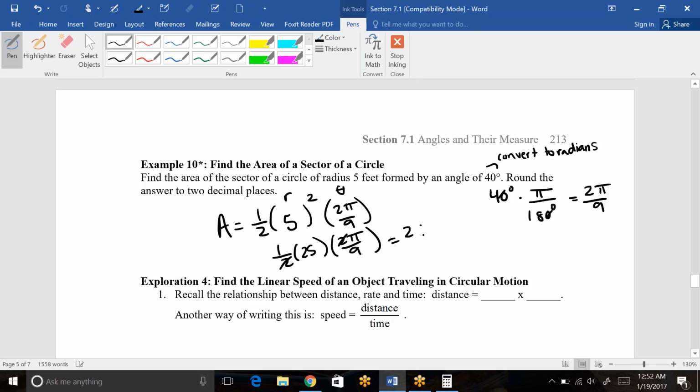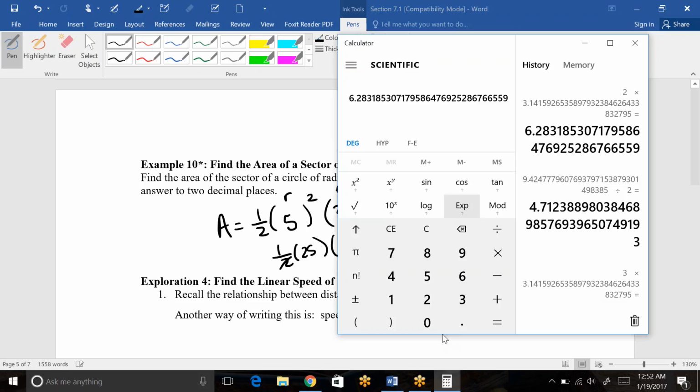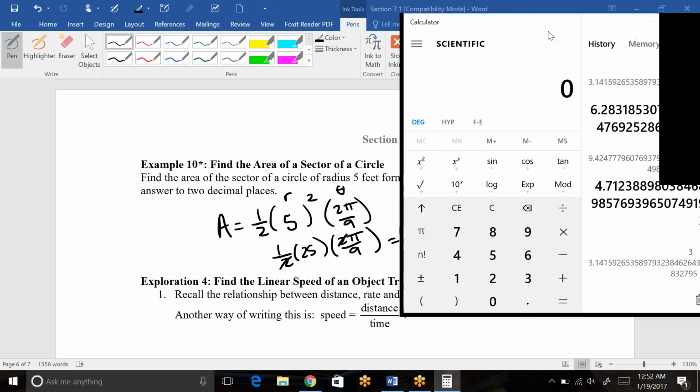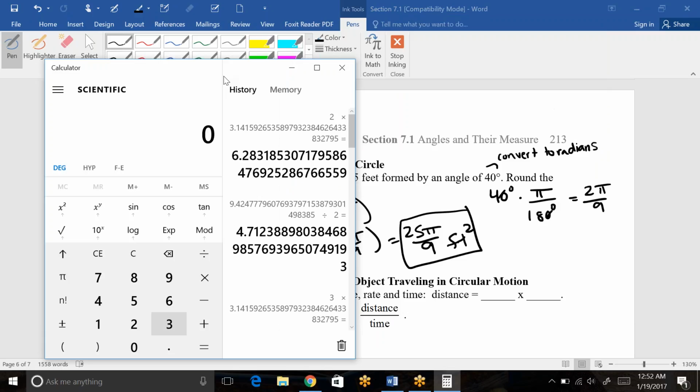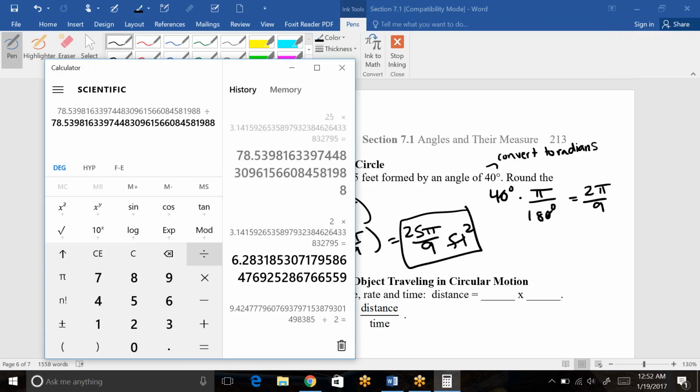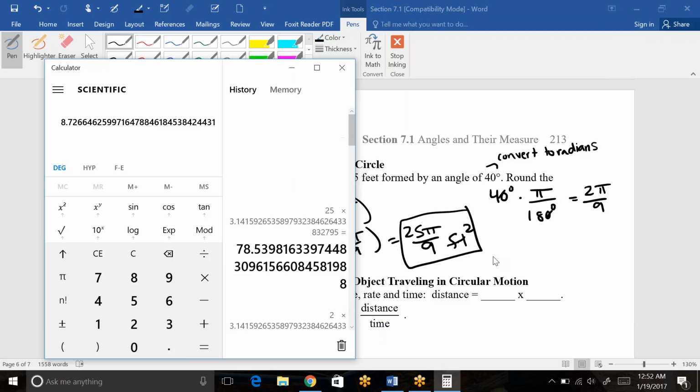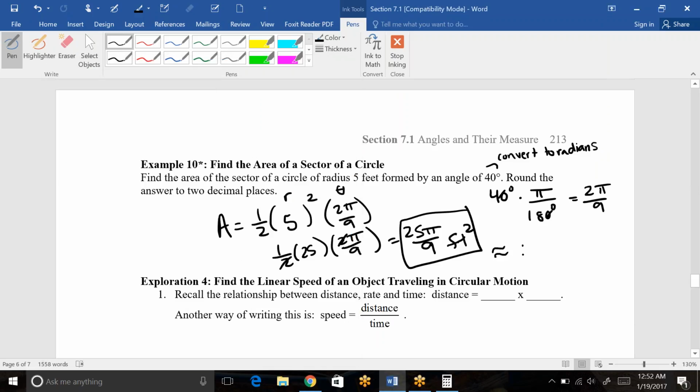So this is 25 pi over 9, and this would be in feet squared. Now that's if you want an exact answer. They don't. They actually want us to round it. So we would need to multiply that out. So 25 times pi, and then divided by 9. So 8.73 feet squared.